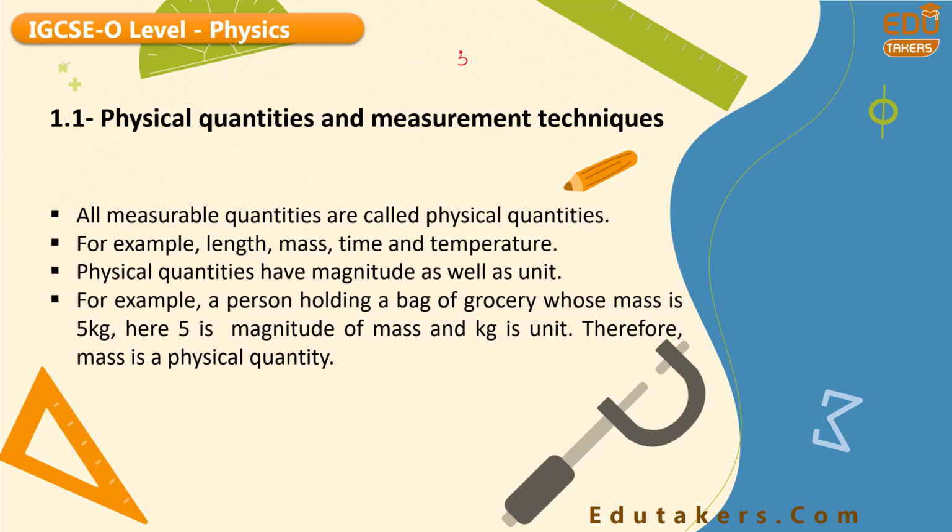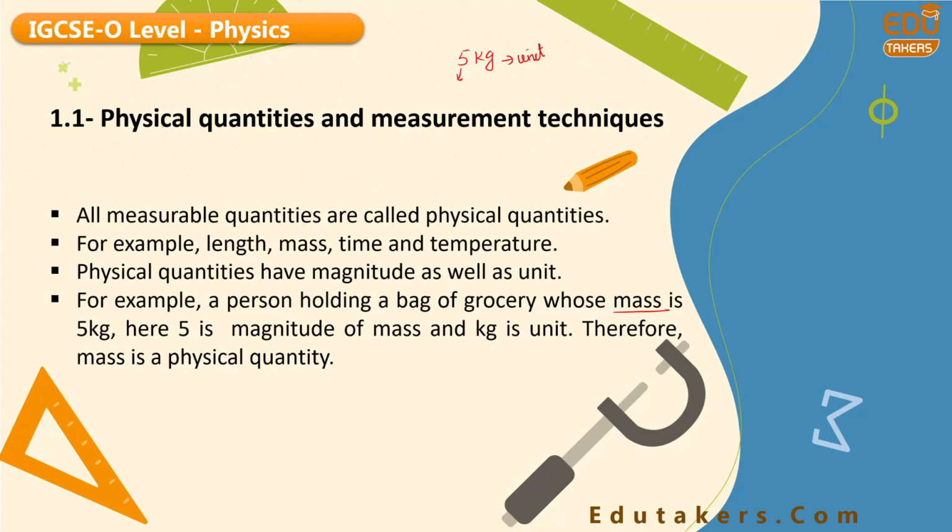Here in 5 kilogram, 5 is the magnitude while kilogram is the unit. So physical quantities have both of these, magnitude as well as unit. It means that mass is a physical quantity.